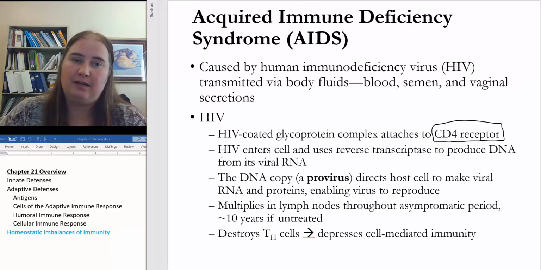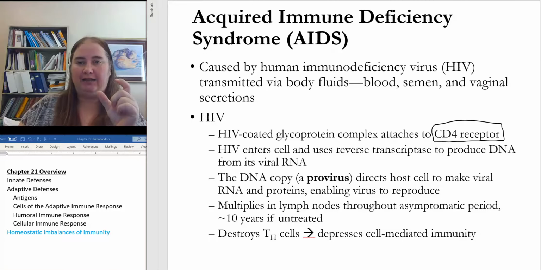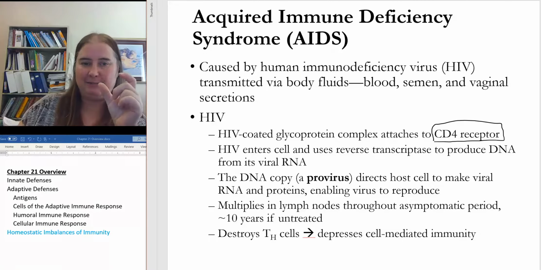And what it does is it uses the machinery of the CD4 cell. There's an enzyme in there called reverse transcriptase. And it takes that viral RNA and converts it back into a DNA.